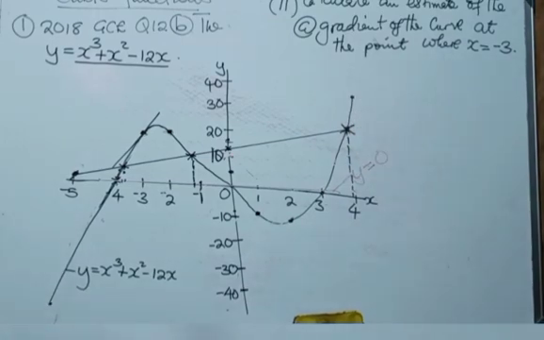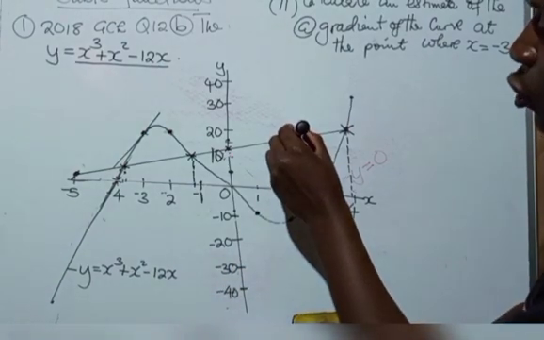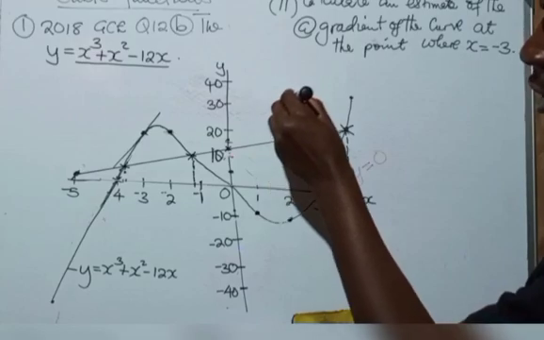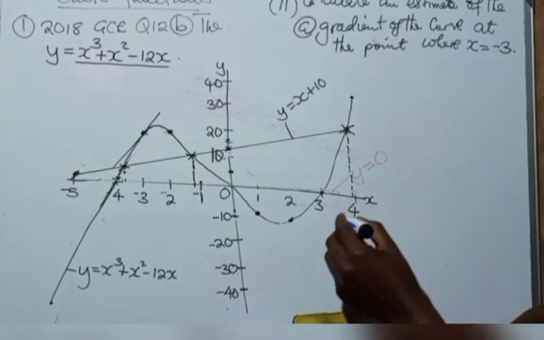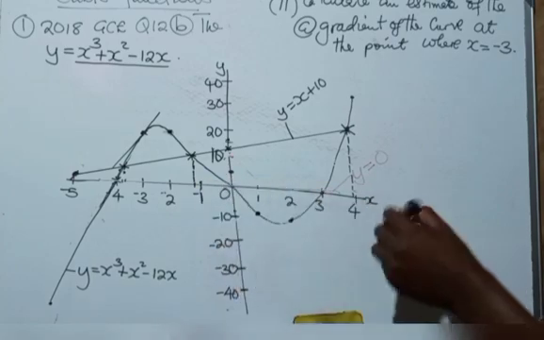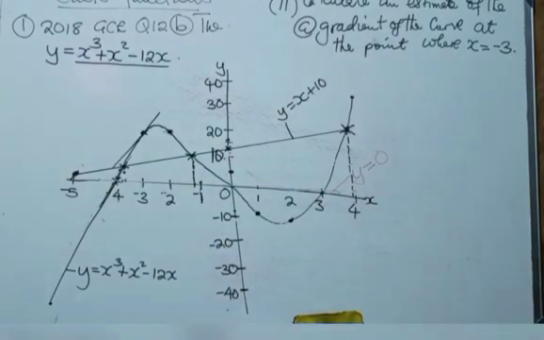But before we go to that gradient, it is wise also to name this line we drew as y is equal to x plus 10, just as we named that one where we had y is equal to 0. So let's find the gradient of the curve.